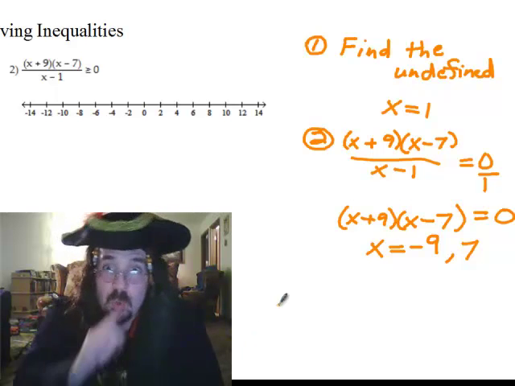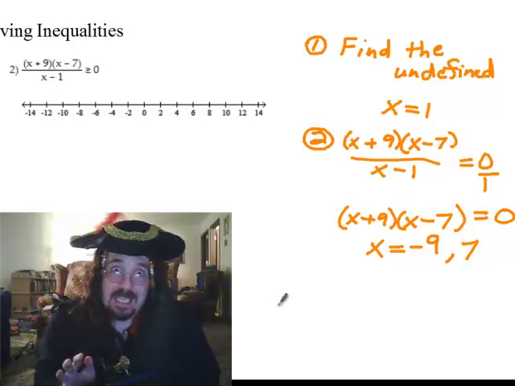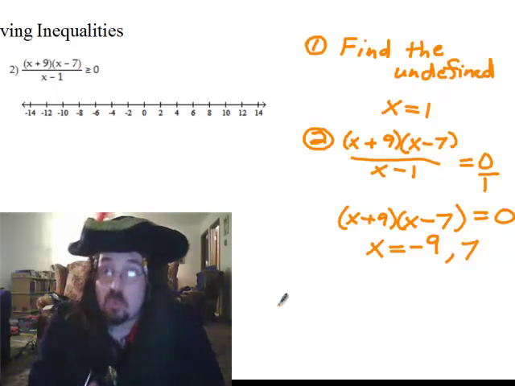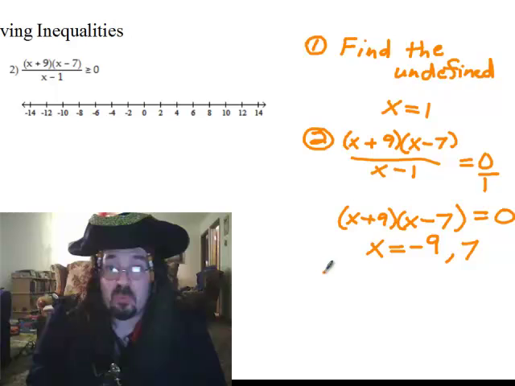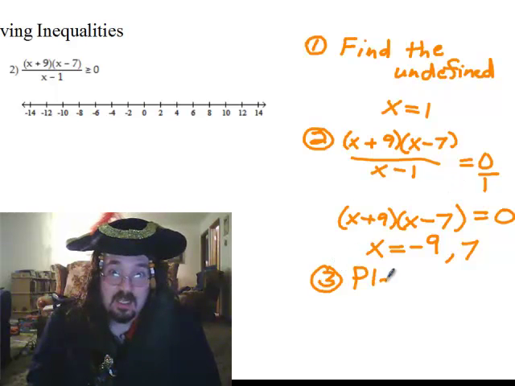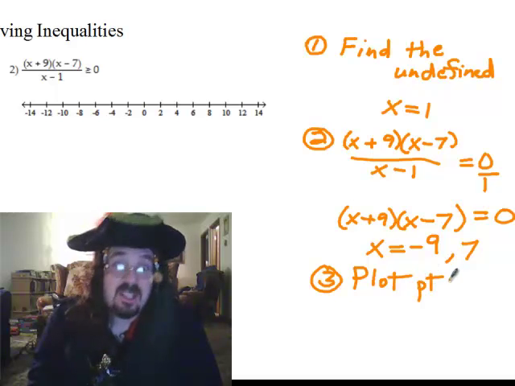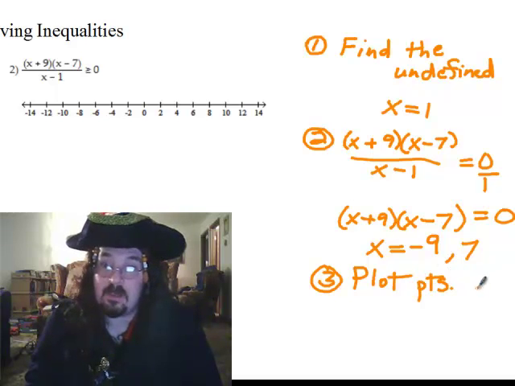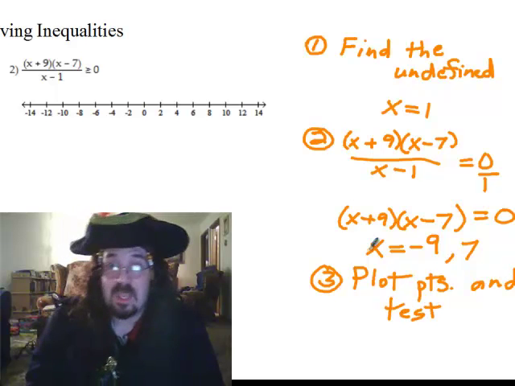Now that we know where things are undefined and where things are equal to each other, step 3 is to plot the points on our number line and pick some test points between them. So let's do that, love.